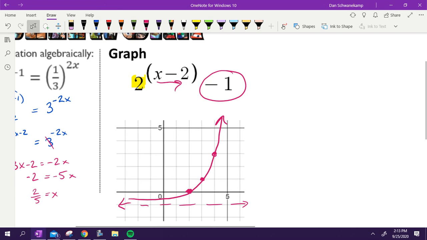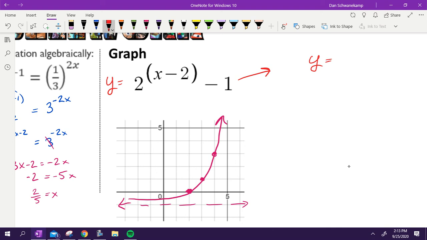Let's go ahead and do what we tried to do on Wednesday, maybe somewhat unsuccessfully, but this is y equals this. We want to graph the inverse of this thing. There are 2 steps to finding an inverse. What's the first step to finding an inverse? Switch x and y, so it's going to be x is equal to 2 to the y minus 2 minus 1.